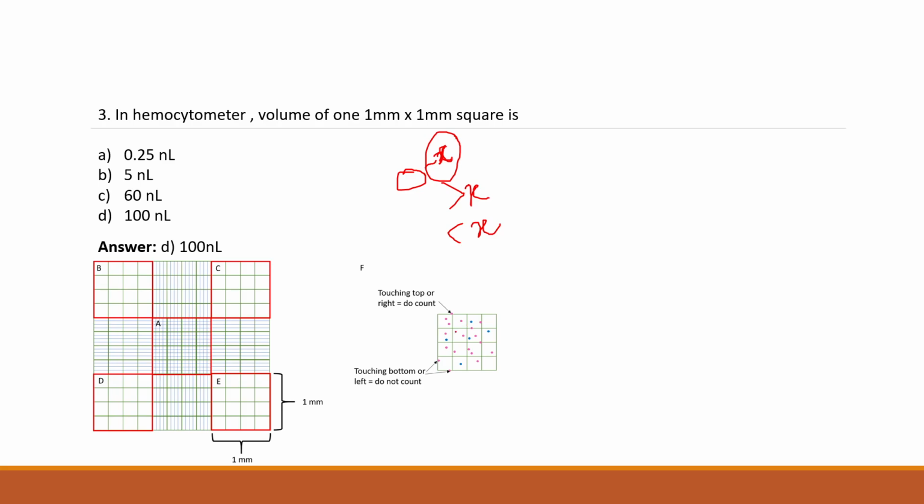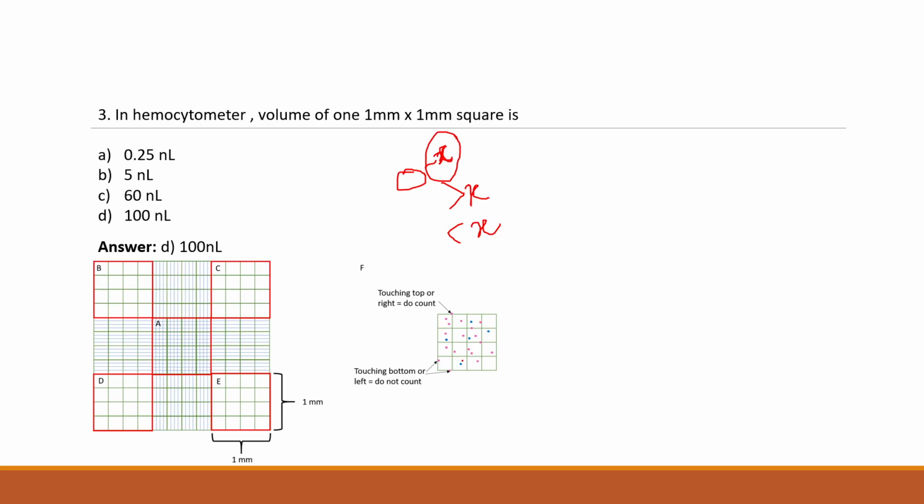And how do you count? You count these 5, and that too based on your lab practice or how it is done in your lab. You might have different ways to count, so you should know how to count. If the cells are within your big square, your 1 mm square, nicely without touching any of the edges, then you can easily count them.